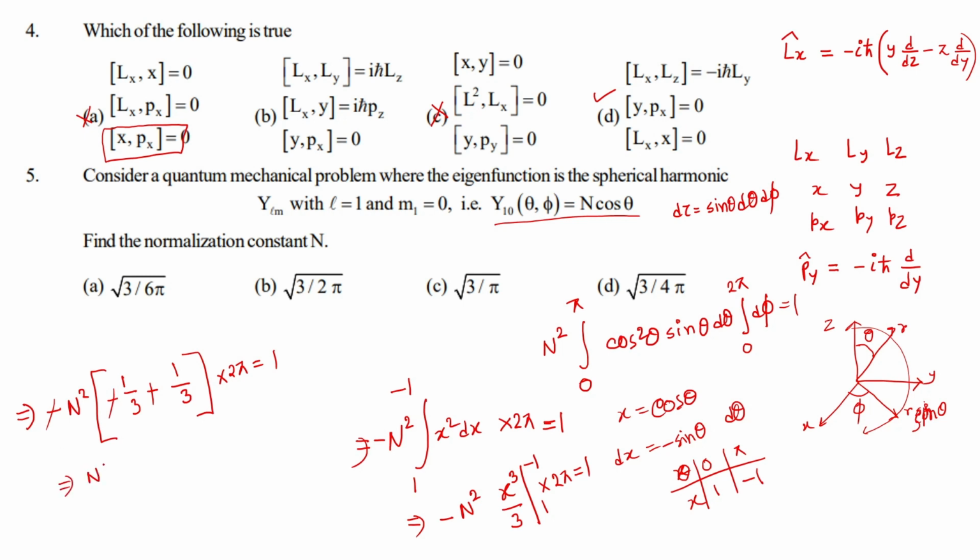So N square into 2 by 3 into 2 pi is 1, and your N square is 3 by 4 pi, and N is root over 3 by 4 pi, the D option.